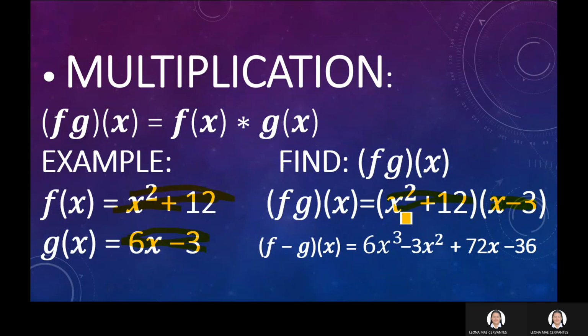Okay, so we're using the FOIL method. First, we have, sorry, I forgot 6x.